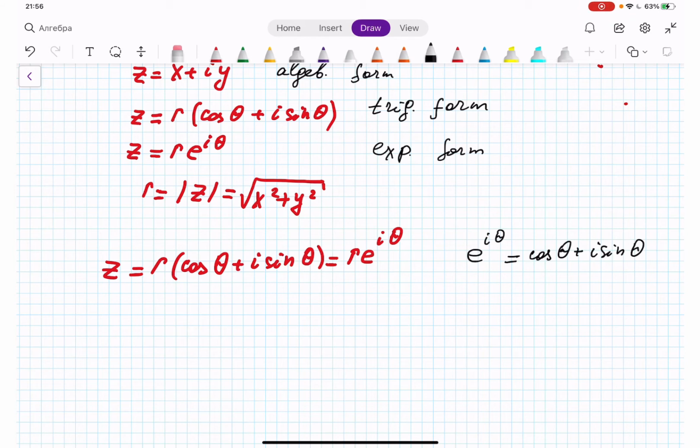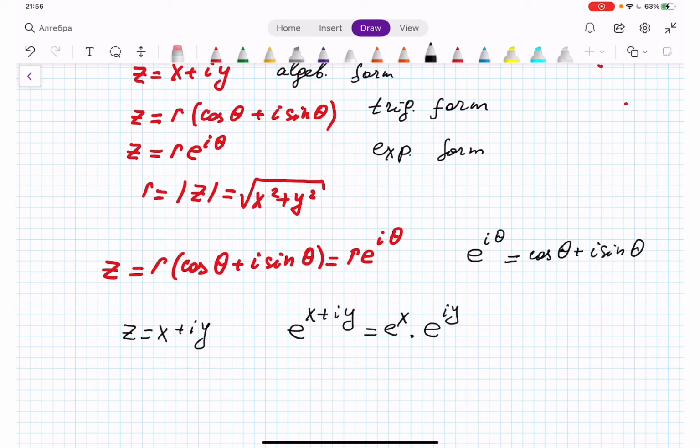So for the complex number z equals x plus i y, the following can be performed: e to power x plus i y equals e to power x times e to power i y.